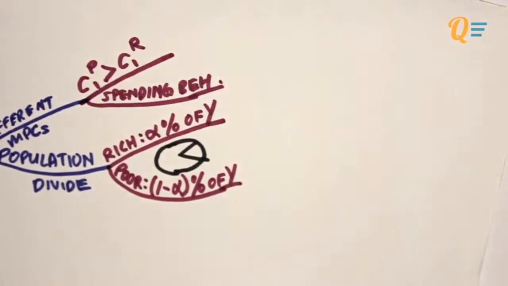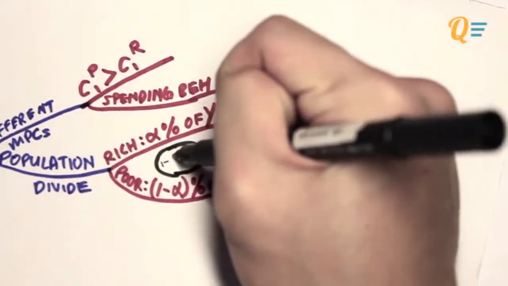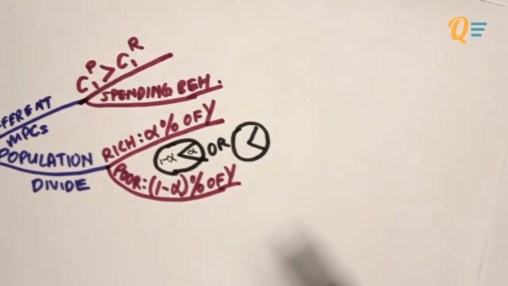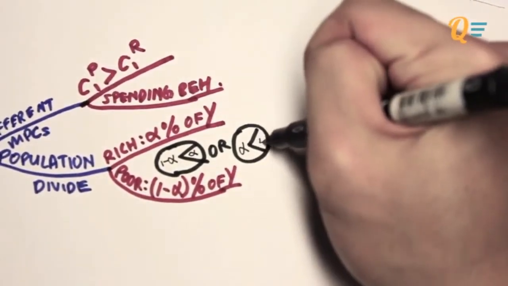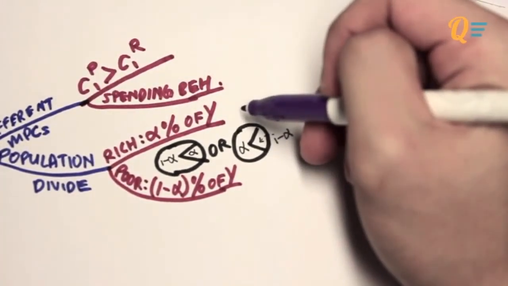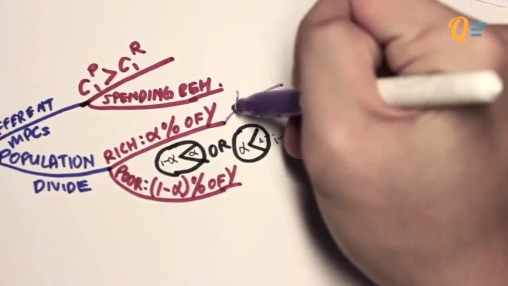So let's say I segment this small little portion to be alpha, which is what the rich earns. Then the rest would be the poor's income. Or, it could look something like this, where alpha is a larger portion of the total income. This occurs when the income gap in an economy becomes too wide. So you might have 10% of the people earning 90% of the income.